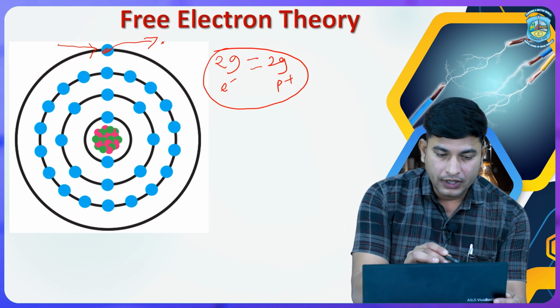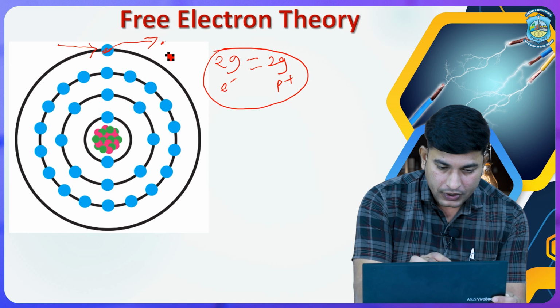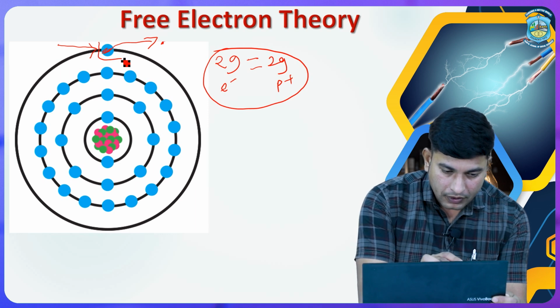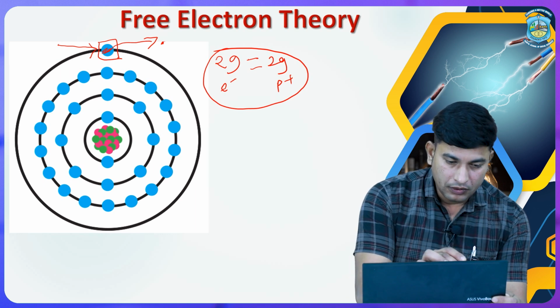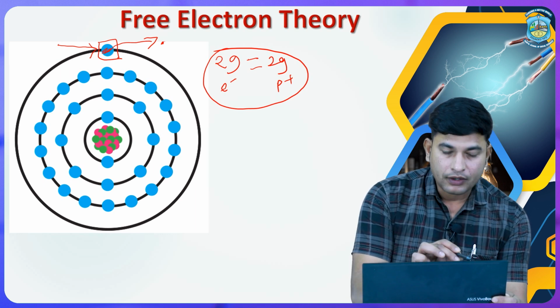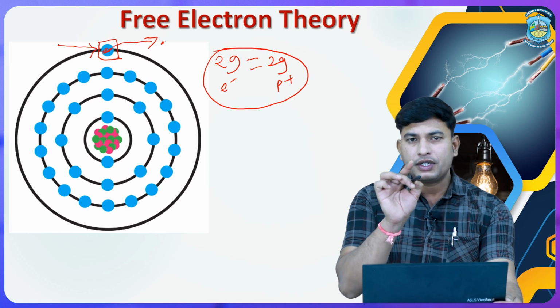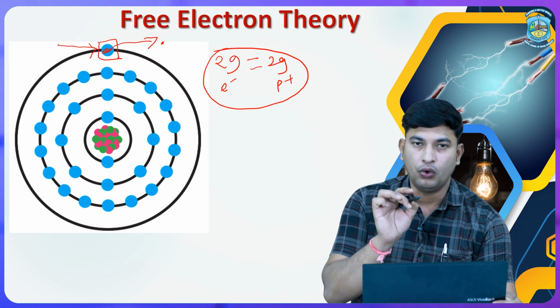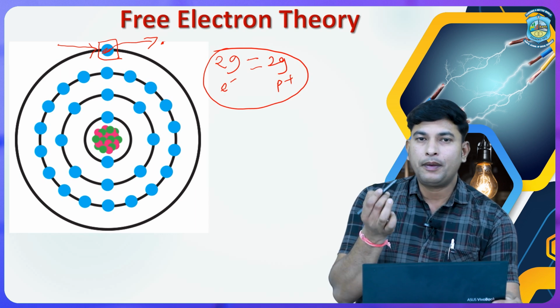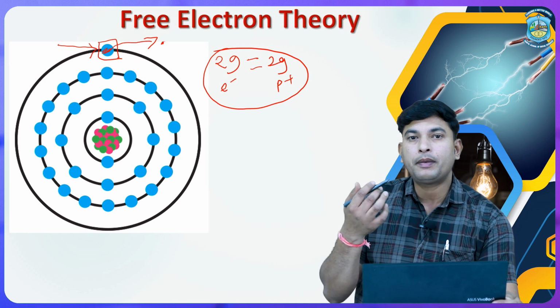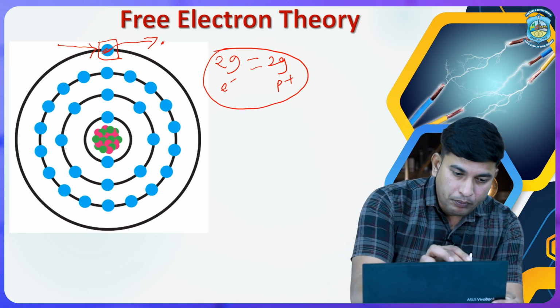Because of this release of the electron from its place, we will have a vacancy here. Since there was an electron there, there must be a position for the electron to be held. Electrons have negative charge, so this negative vacancy creates a positive charge.